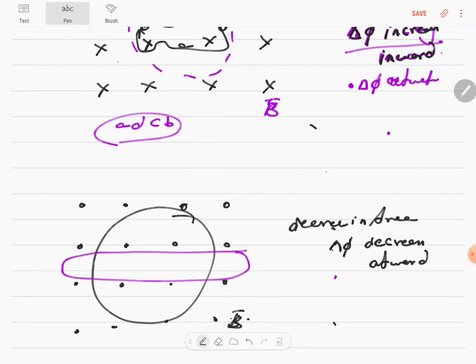It's decreasing outward, so I'll supply a flux in the same direction, outward, because it should not decrease. So delta phi outward shows that the current in this smaller wire, whatever wire, bigger or smaller, has to flow in the anti-clockwise direction.